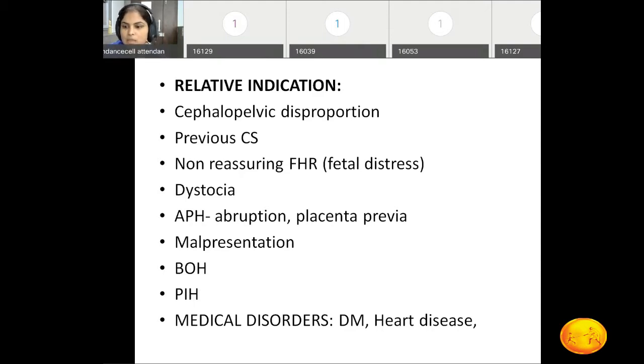Irrespective of the pelvic assessment, it is going to be difficult to deliver the baby, and there are more chances of shoulder dystocia. So rather we do a section and have a healthy mother and a healthy baby. In heart disease, you want to cut down the second stage of labor to avoid overload on the heart. That is why heart disease as well.